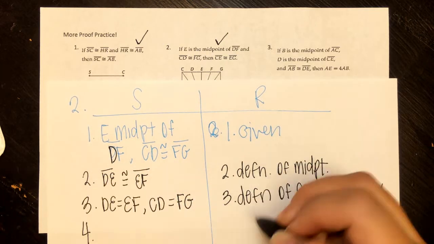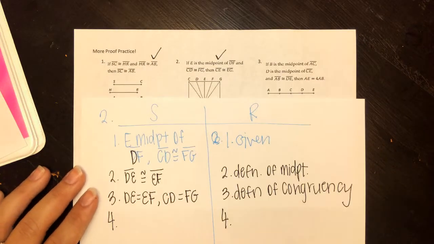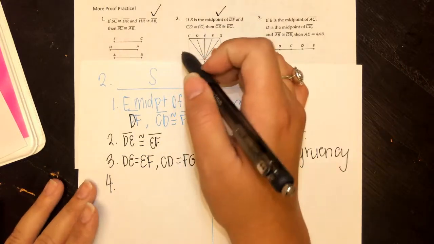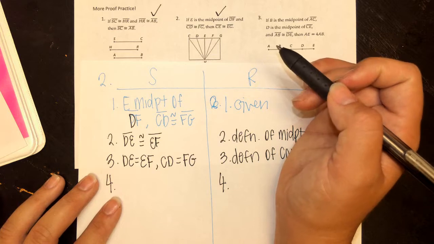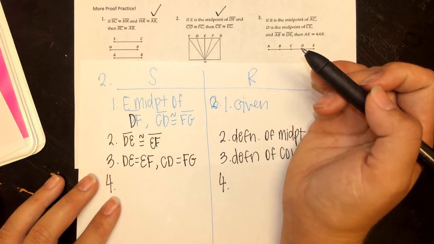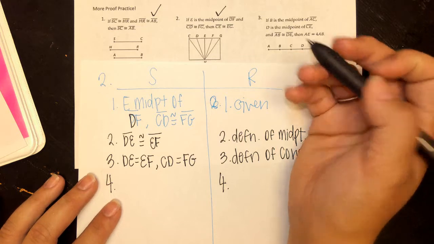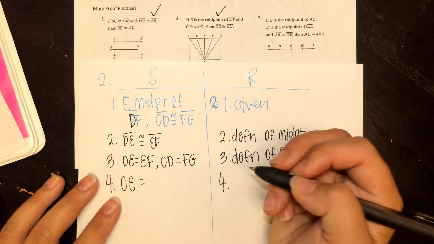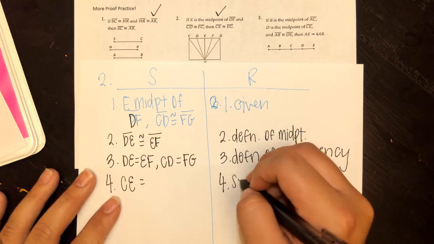Well, step 4, you have to look at the segment addition postulate. If there's a segment, there's a very good chance that you're going to use segment addition postulate. So in step 4, I would go and say CE is equal, what's CE equal to?